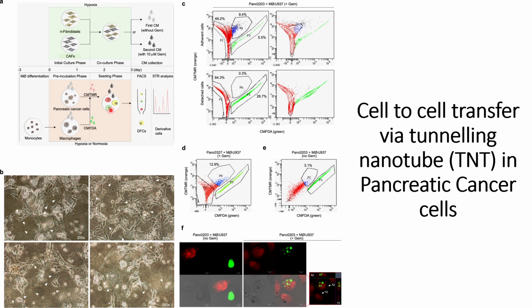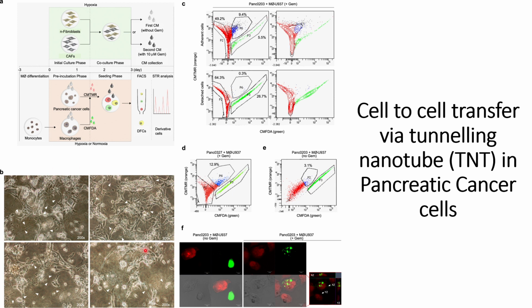Thereafter, after co-culturing them, the double labeled, or double fluorescent, cells are separated out, so that they can know that these cells now have the characteristics of both the macrophages and the pancreatic cancer cells. So this is the workflow that they have used for this experiment.